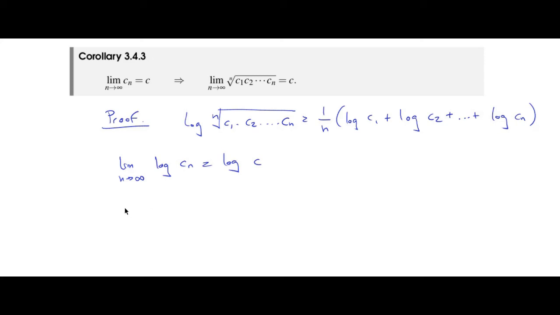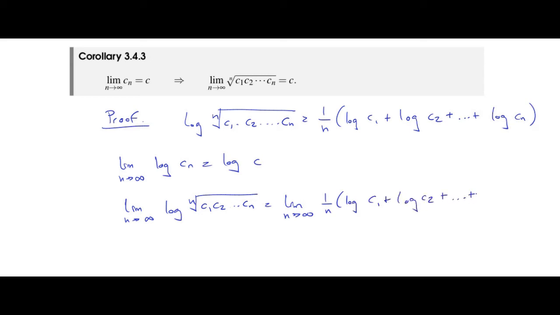The limit of the logarithm of this c sub 1, c sub 2, and so on, c sub n is the limit when n goes to infinity of 1 over n of this sum of logs, as we have just written, right? But now we can apply the previous result.